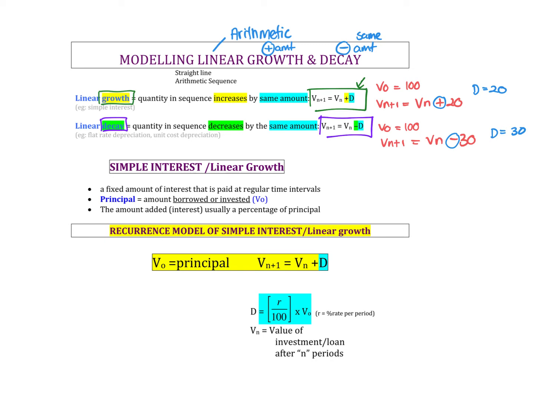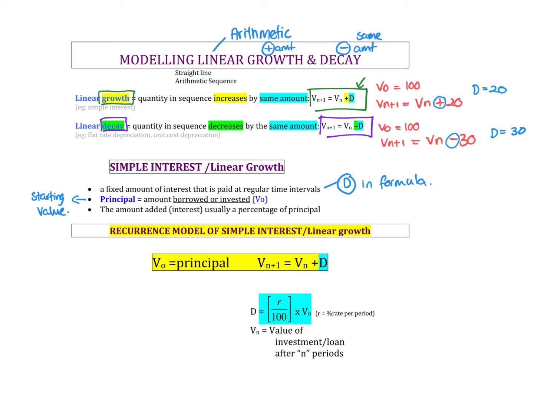Okay? So what we're going to see is a fixed amount of interest is paid at regular intervals. You might see that's going to be the D in the formula, yeah? That bit they're adding on every time. Now, you'll sometimes hear them use the word principal. So take note, it says the V0, maybe if you say this is the starting value, yeah?